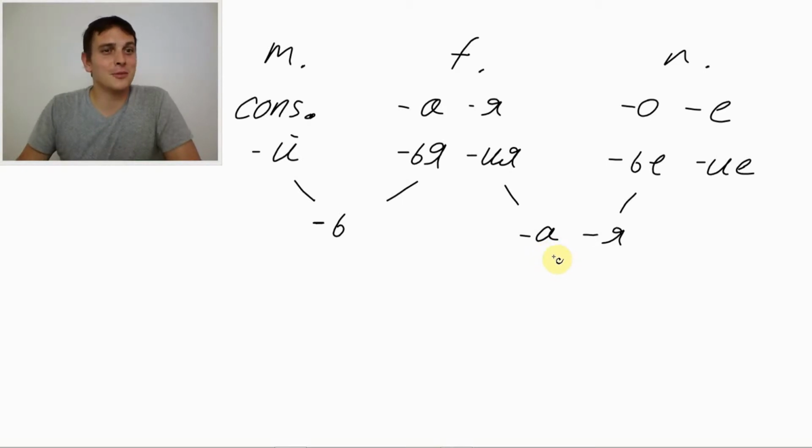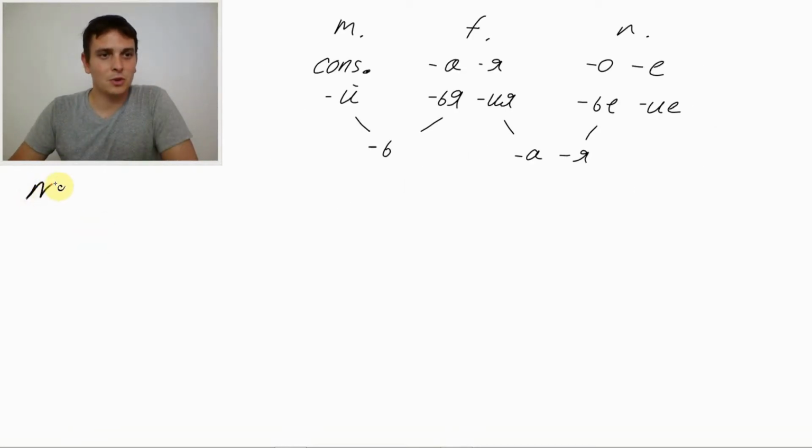Let's start with examples. The first one would be masculine. For masculine we have the endings consonant or E. Let's see some examples. Дом. Dom is house. It ends in M, a consonant, so it's a male word. Человек, human.